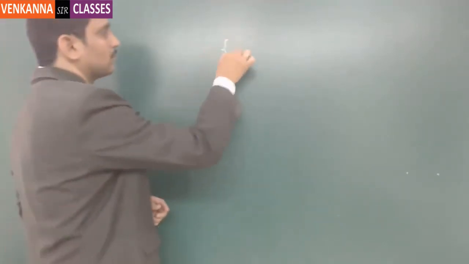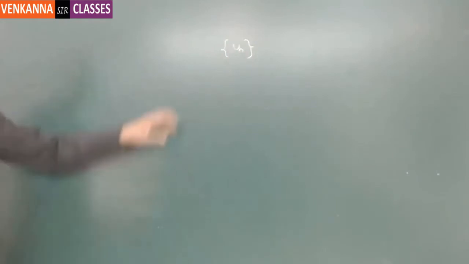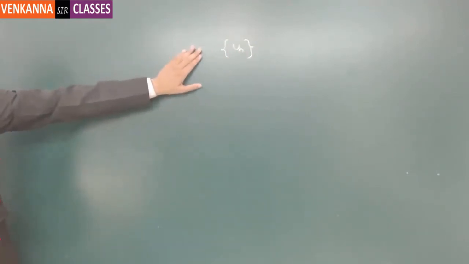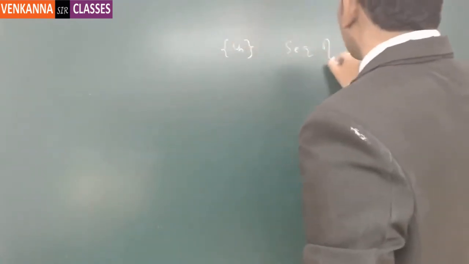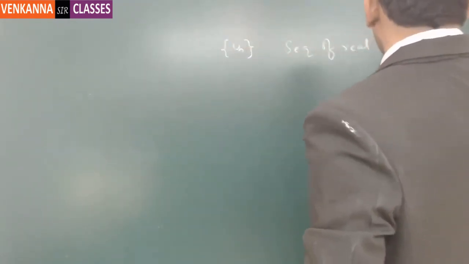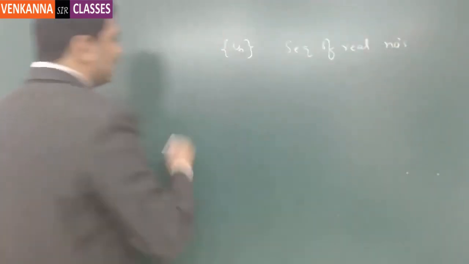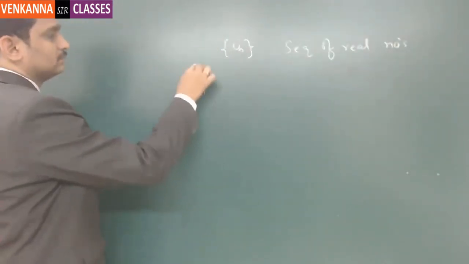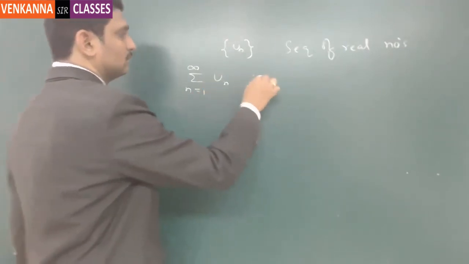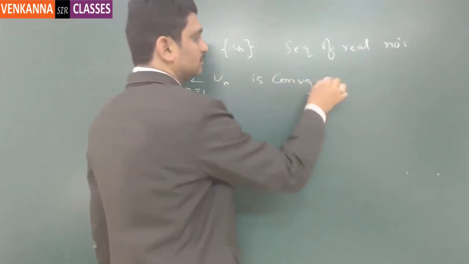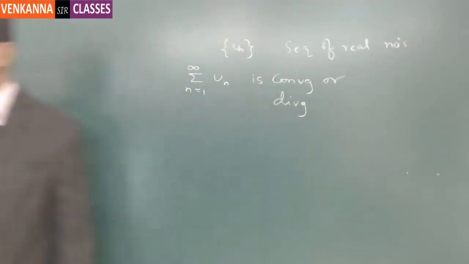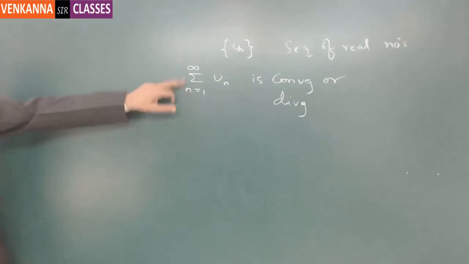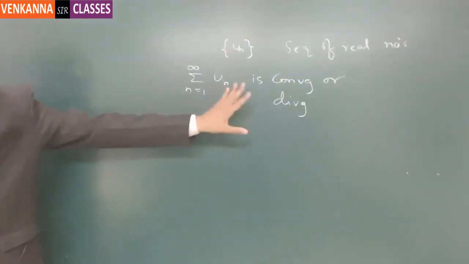So I will write the definition one more time. If you have a sequence of real numbers, we are verifying whether summation n is equal to 1 to infinity un is convergent or divergent.